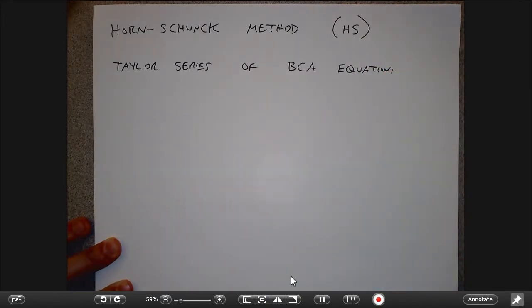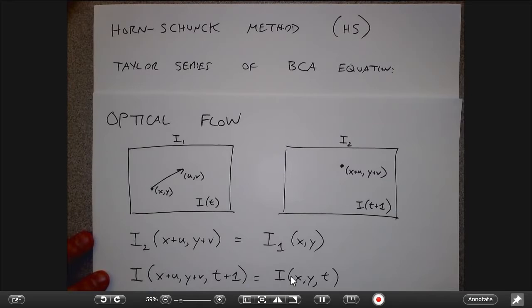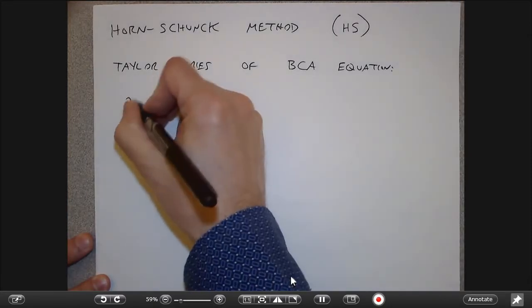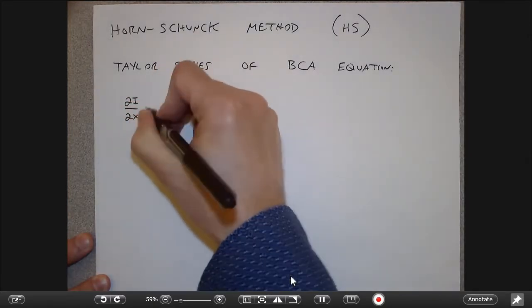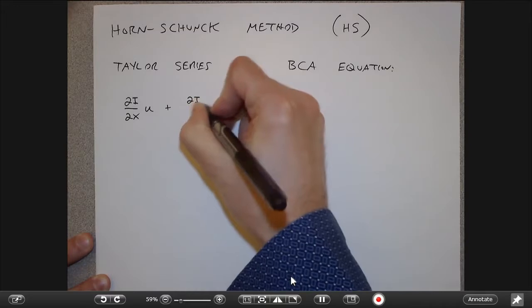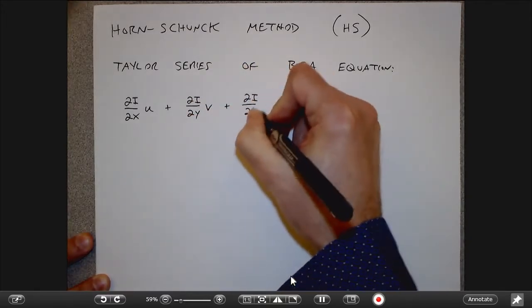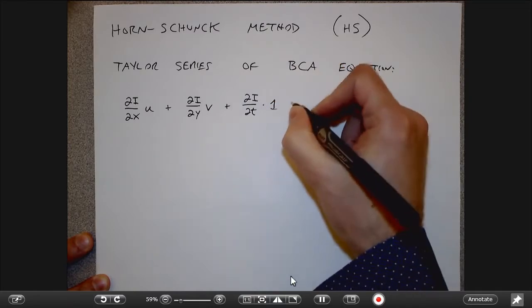well, let me look back at this for just a second. That's basically saying I'm going to have the derivative of x multiplied by this delta, the derivative of y multiplied by this delta, and the derivative of t multiplied by this delta, which is 1. So that's like saying dI/dx times u plus dI/dy times v plus dI/dt times 1.